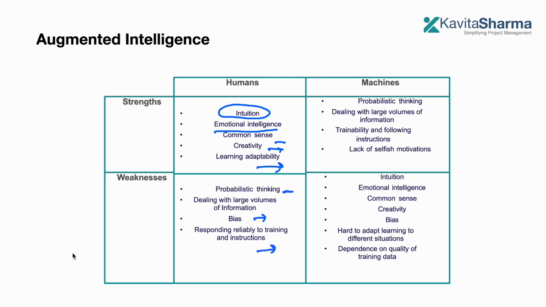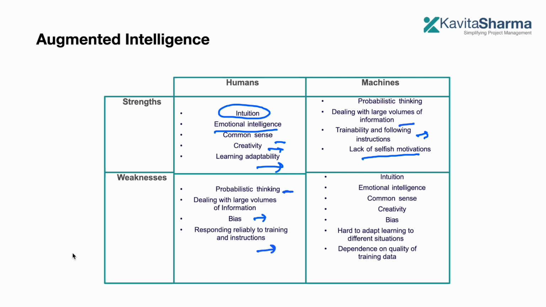Whereas a machine is very good at thinking with data, dealing with large sets of information. It is very easy to train, and it does not have selfish motivations as of today. A goal-driven AI would have selfish motives as directed by humans towards that goal.